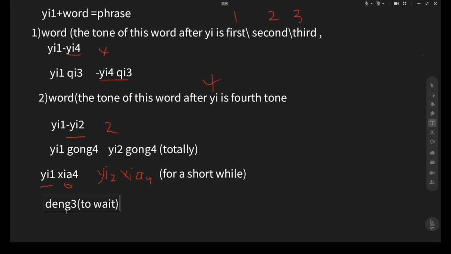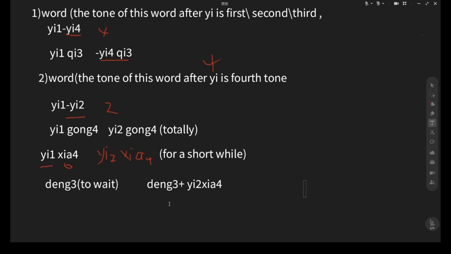If you just say 等, I don't know how long you want me to wait. But if you put 一下 after 等, I know it's done. Maybe not long, okay? This is the meaning of 一下, okay?